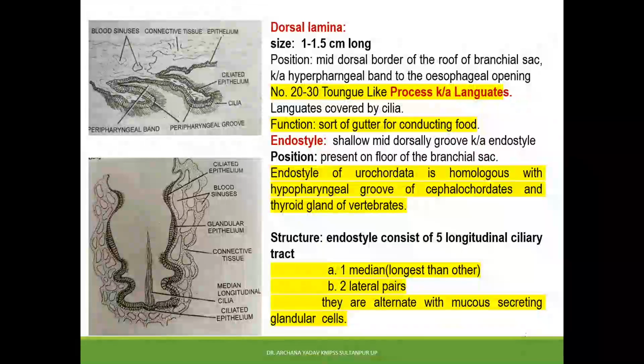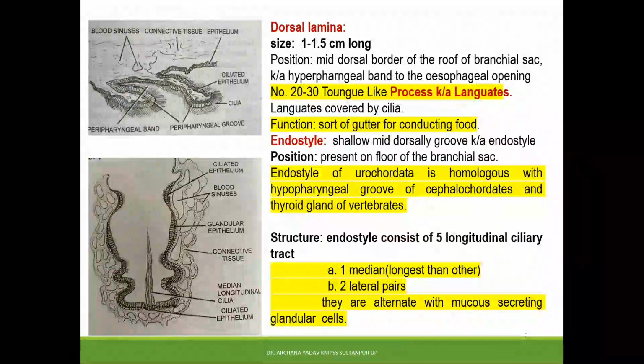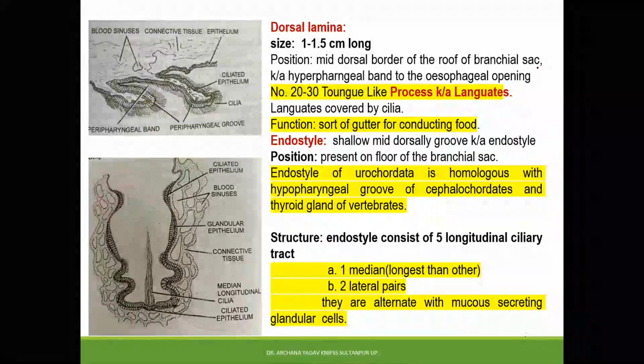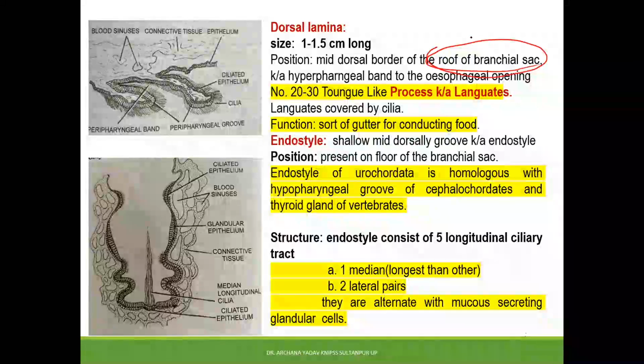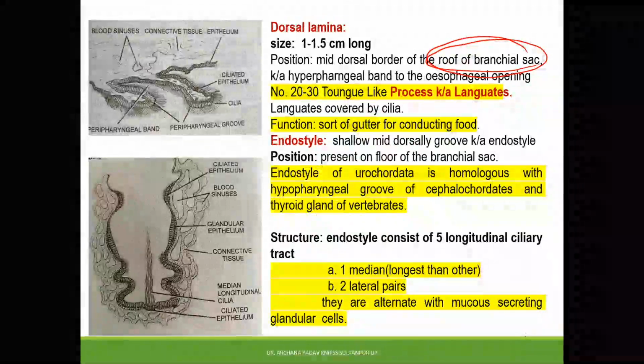Next is the dorsal lamina. Its size is approximately 1 to 1.5 centimeters, and its position is at the roof of the branchial sac, or above the mid region of the branchial sac.